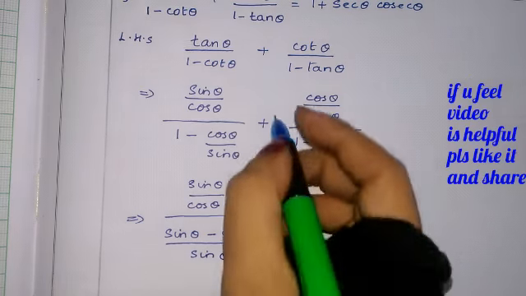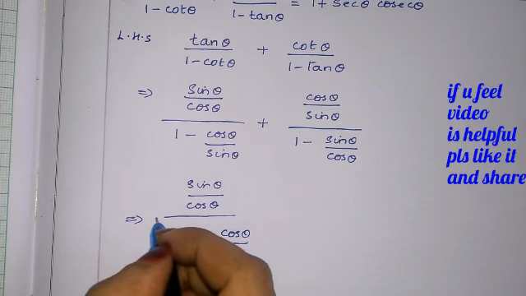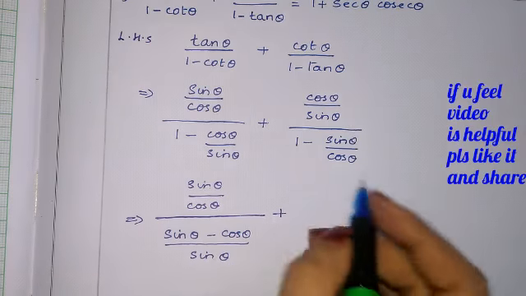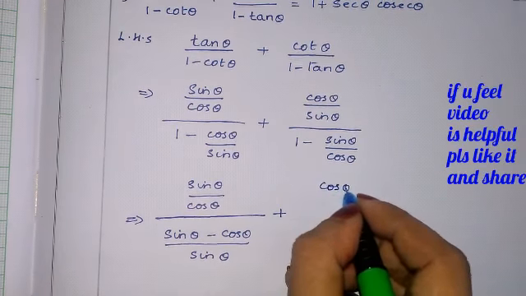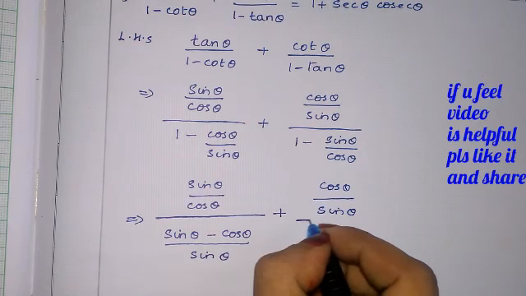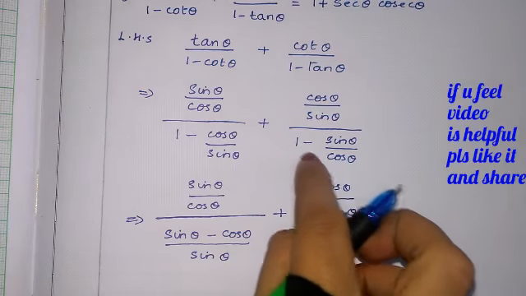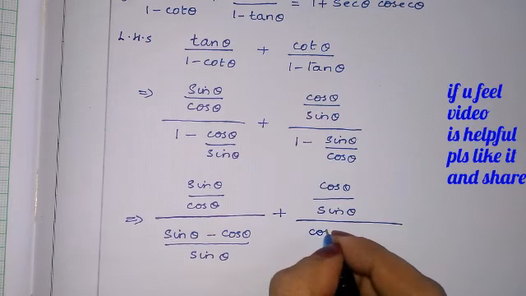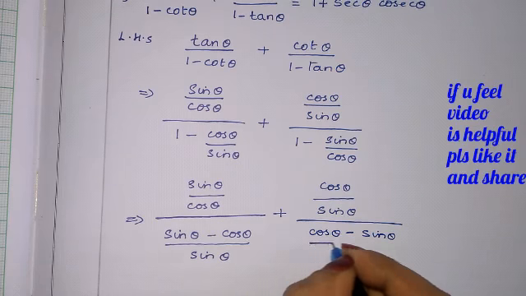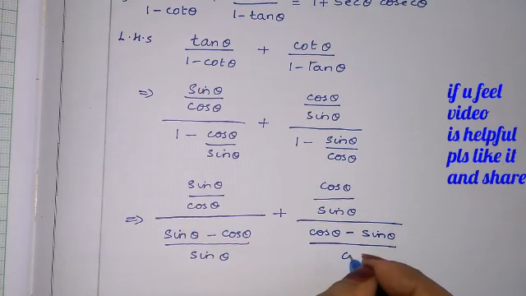This side also same thing we have to write. Plus cos theta upon sine theta I will keep as it is in the numerator. In the denominator cos theta into 1, cos theta minus sine theta as it is, upon cos theta.